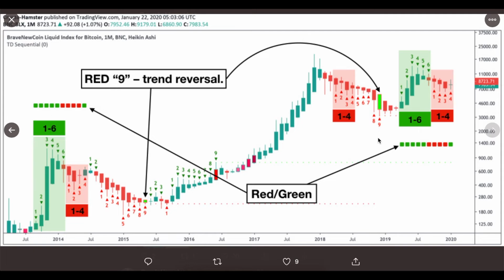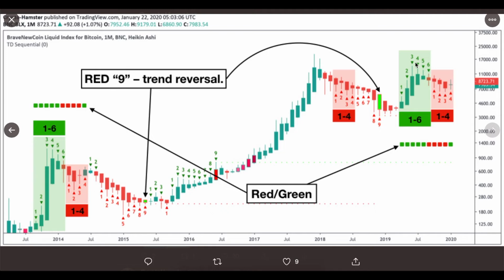So what we see here is that, again, if you compare the same setup which we have now, or the same setup which we had in the 2018 bear market, with the bear market in 2014 and 15, again, just let's count the candles. Green TD Sequential candles, 1, 2, 3, 4, 5, 6.